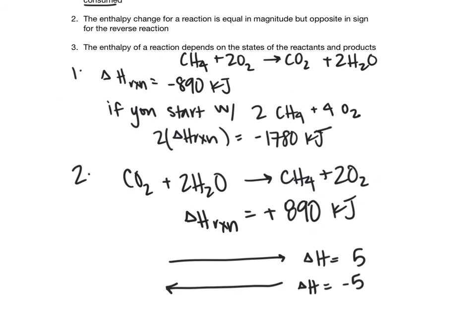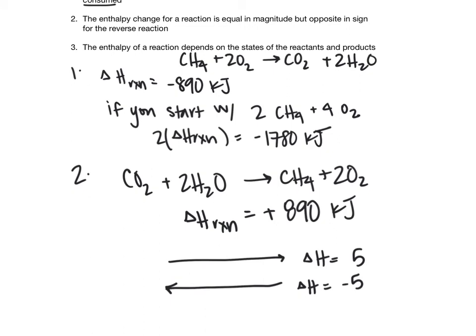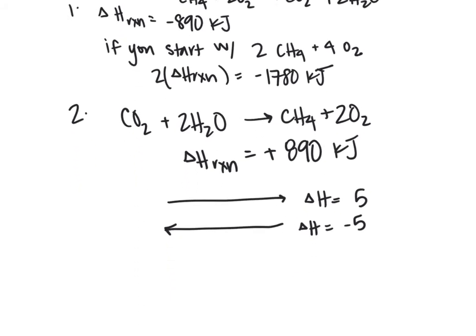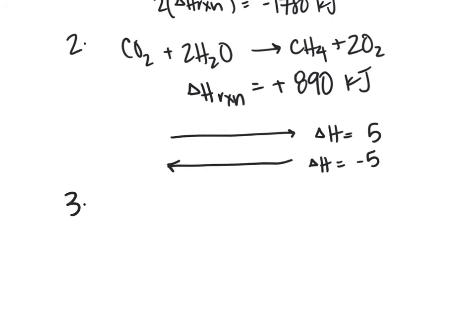And so the last thing, and probably the more important thing, is that the enthalpy of a reaction depends upon the states of the reactants and products. So in the equation I gave you, it doesn't have any states, but in most of the other things, it's going to matter whether we're thinking about H2O liquid or H2O gas.